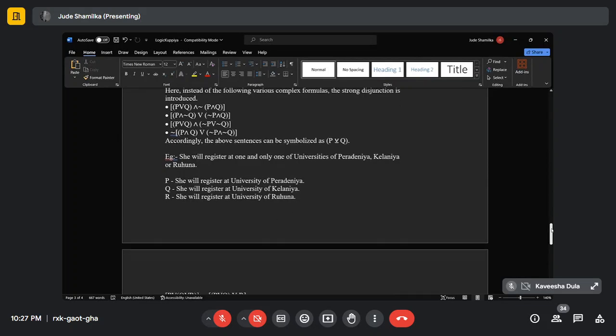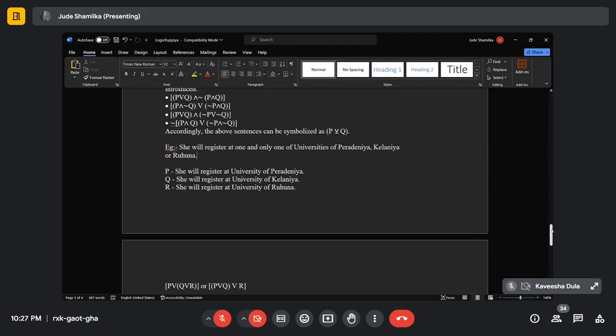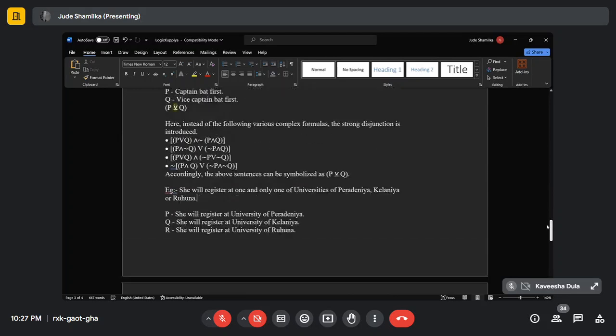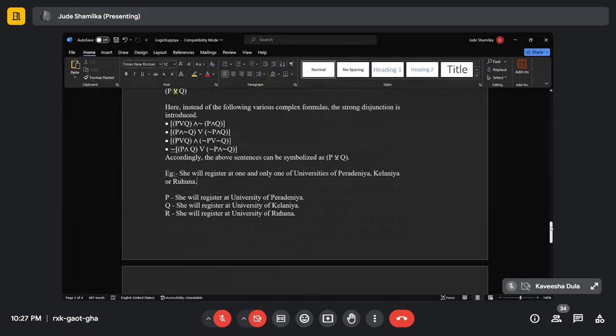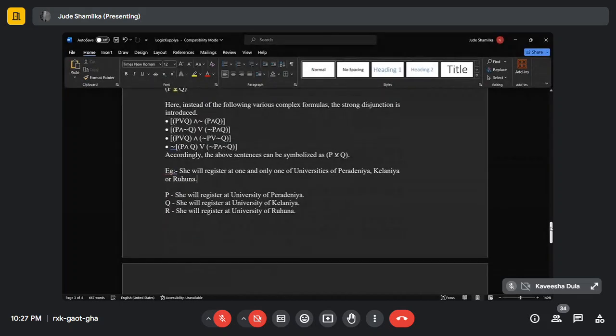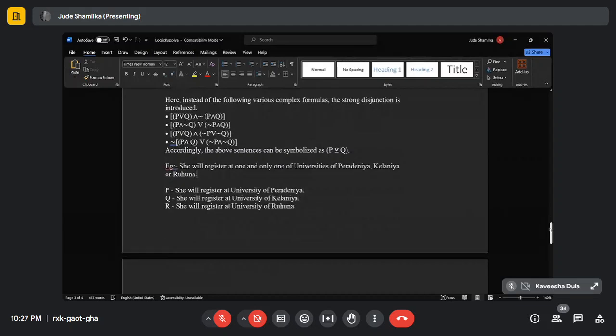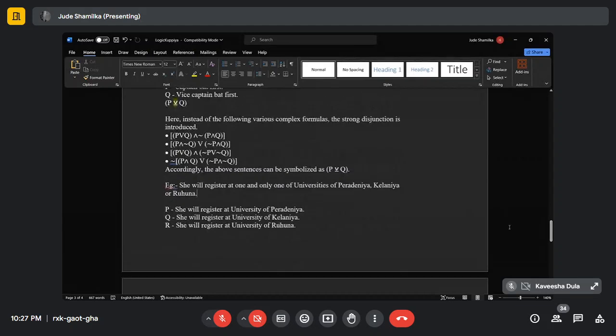Those three, we can join with two what? With two strong disjunctions. So with two strong disjunctions we can connect them, and so it is the easiest method.